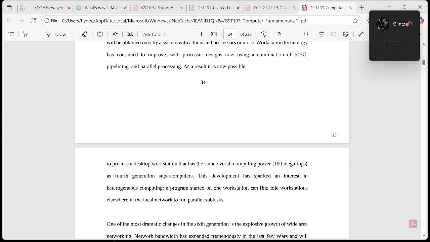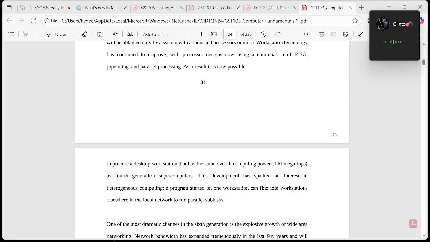Okay, now, second question. The second question says, describe the major technological shift that defines the transition from the first generation to the second generation of computers, and state the impact this change had on two computer characteristics. That's actually tough.